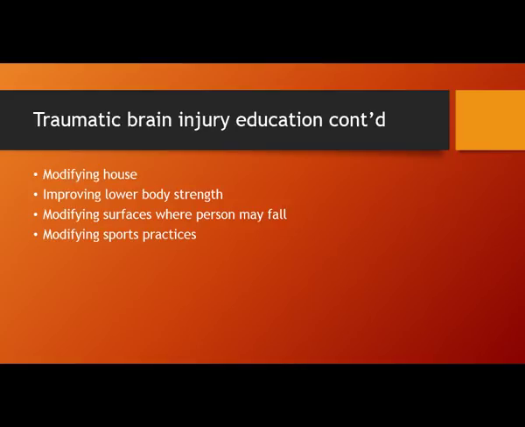In the case of children, make sure that playgrounds have sand or surfaces like that, where if they do fall they won't be as severely injured. And then maybe modifying sports practices, like there's some discussion of even changing football rules and things like that to prevent head injuries.